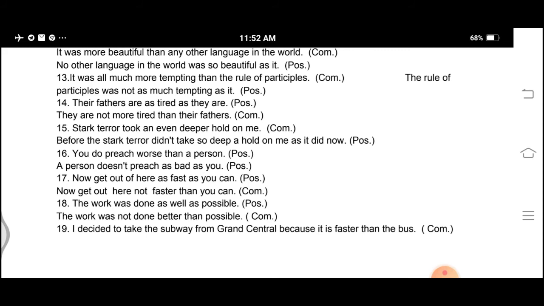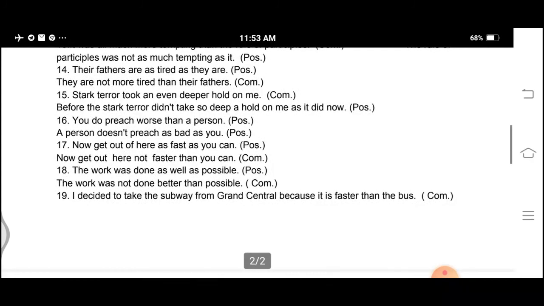There is positive degree. So change this one. In the 16th sentence, you do preach worse than a person. Here you have to write comparative, and this is changed into positive: A person does not preach as bad as you. It's a positive. Now get out of here as fast as you can. Positive.